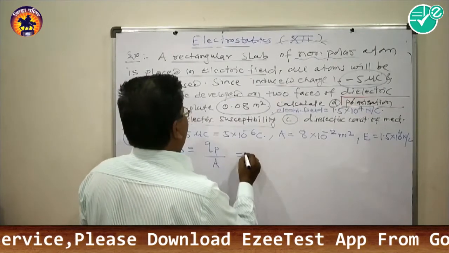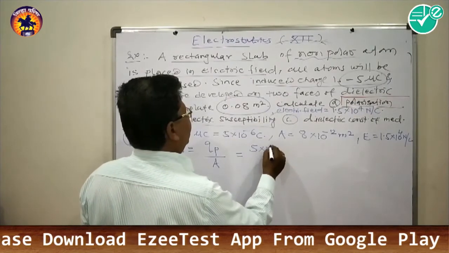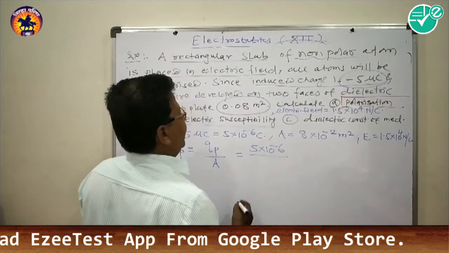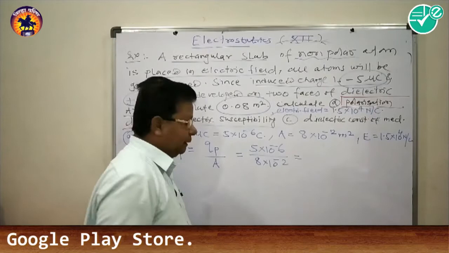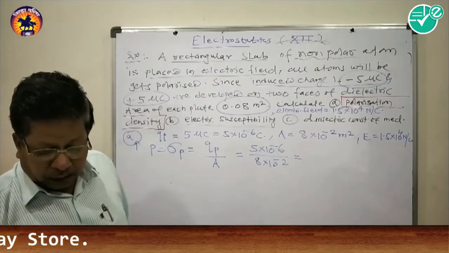And if we substitute the values, the charge is 5 into 10 to the power minus 6 and the area is 8 into 10 to the power minus 2.